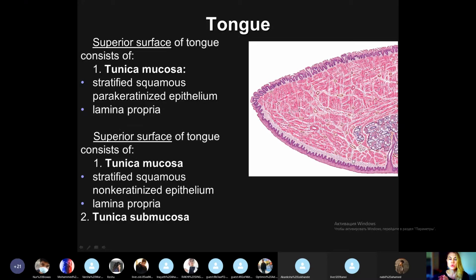The tunica submucosa has a greatly developed blood supply, and because of this we prescribe some medicines sublingually, because the molecules of the chemicals just by diffusion reach the blood supply from the oral cavity.